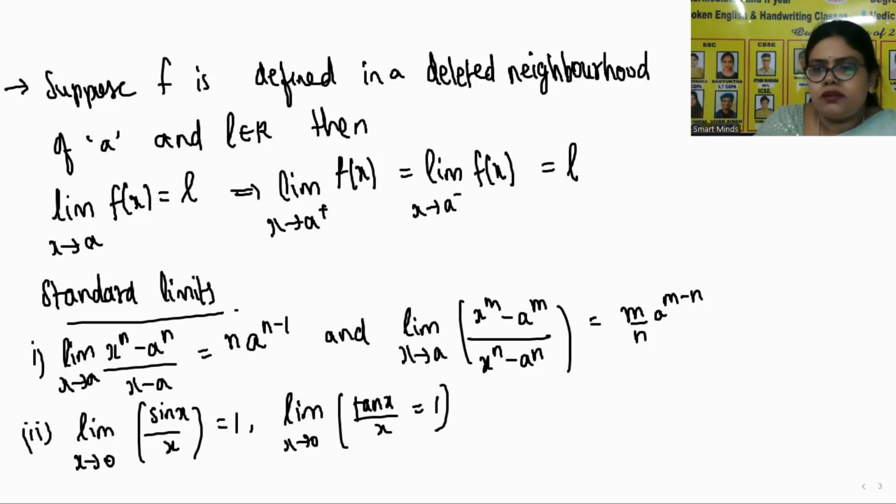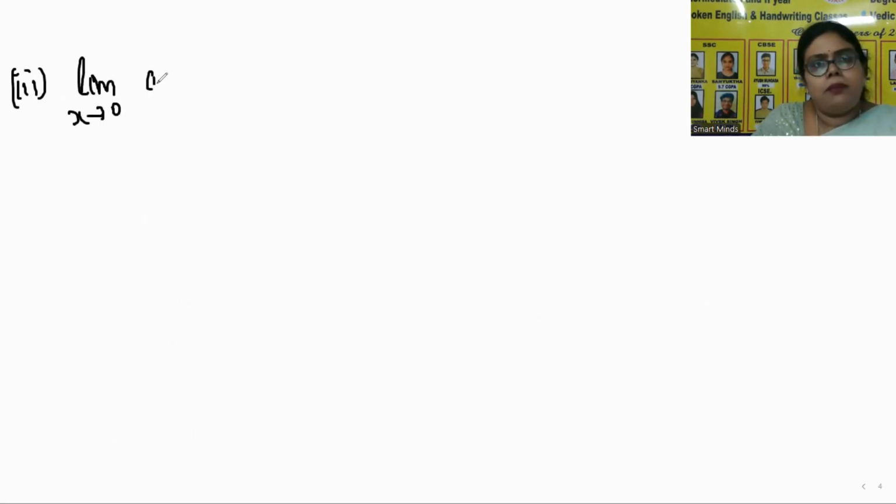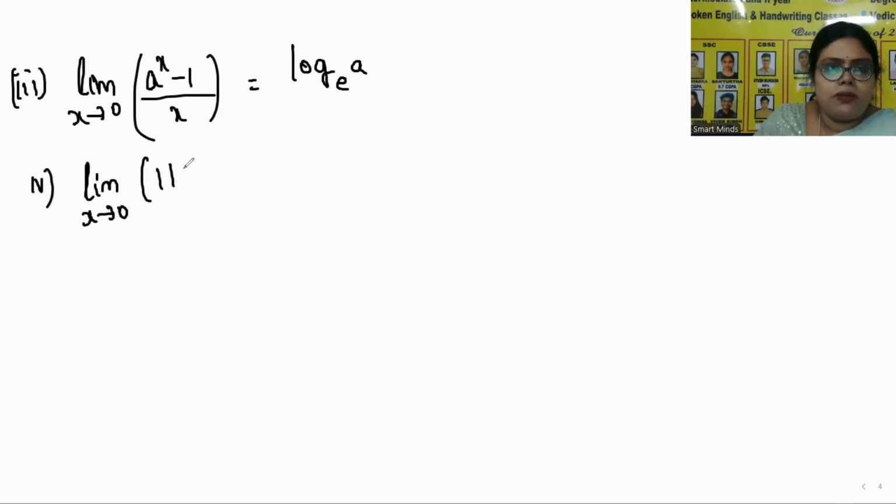A few more standard limits are there. Number 3, limit x tends to 0, a power x minus 1 by x is equal to log a to the base e. Number 4 is limit x tends to 0, 1 plus x whole power 1 by x is equal to e.